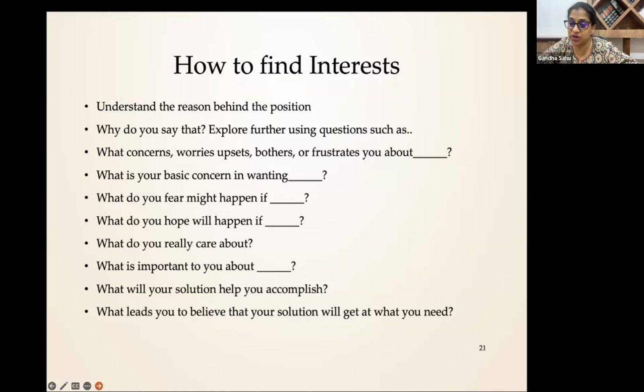What do you fear might happen if? One of the things in negligence cases is, what do you fear will happen if you don't take action? This will keep happening. They will never realize their mistake.